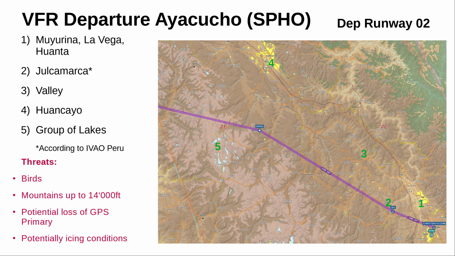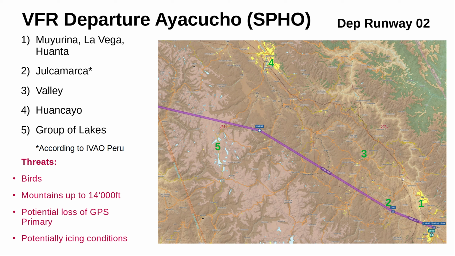It's basically the reversed procedure of the arrival and approach that I've covered in another video. Flying down here, and we'll have Julcamarca to the left. So the captain looks out to the left. He will hopefully be able to recognize Julcamarca, and he says, Julcamarca confirmed. So then we can continue.